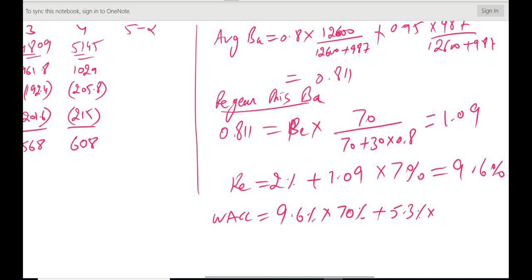Take its after-tax value into the proportion of the debt, that is 30%. So what is the cost of capital here? That is approximately equal to 8%.